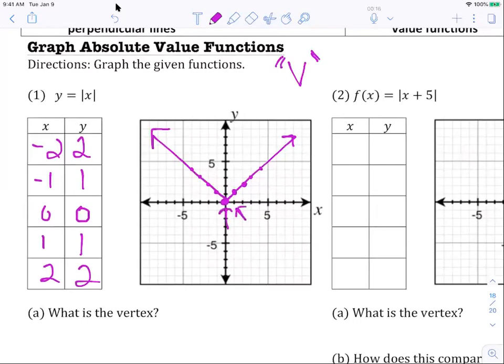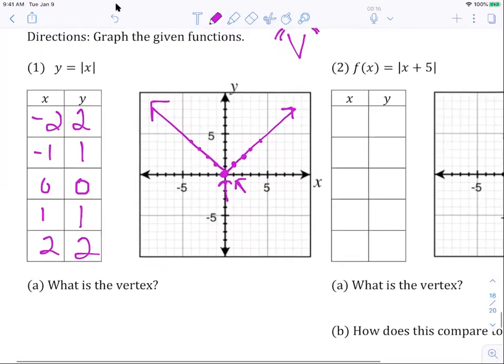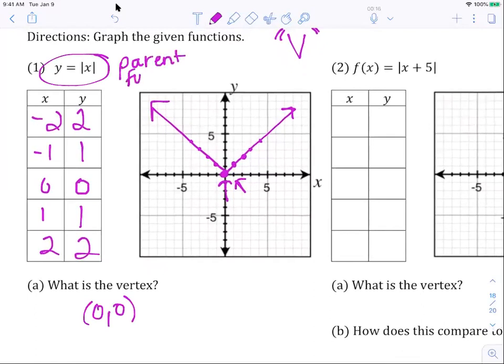That terminology doesn't change. The simplest absolute value function out there is what we base all other absolute value functions off of. If you remember from Algebra 1, this is what we call the parent function. It's the simplest version of any function.